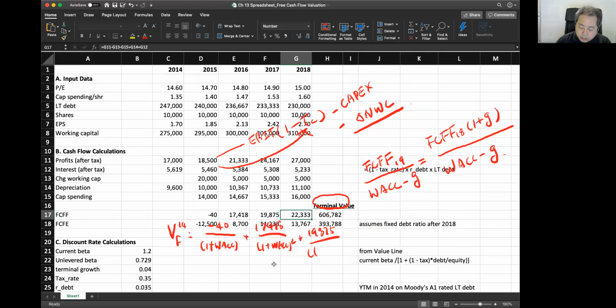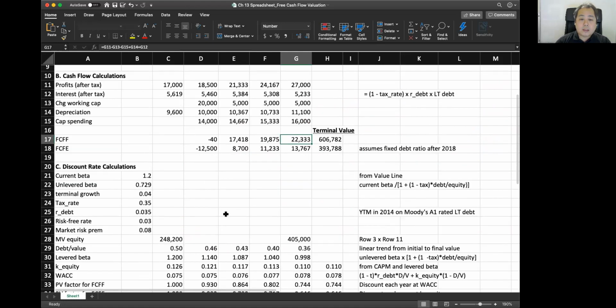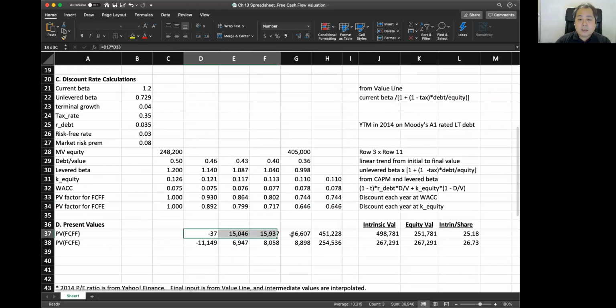That's the terminal year's free cash flow of the firm plus 606,782. That's the terminal value. So when the company is sold, then you receive this much. 1 plus WACC to the fourth. Then that's the value of the firm 2014. Okay. So the spreadsheet calculates the WACCs and calculates the present value factor, and this is the present values, and you find intrinsic values like this. Okay.